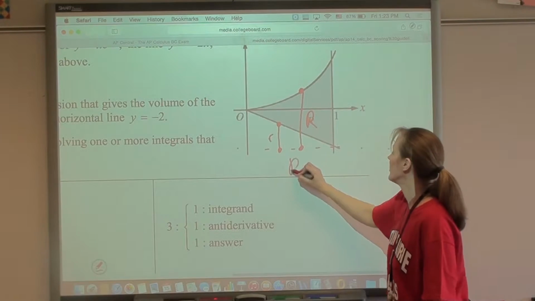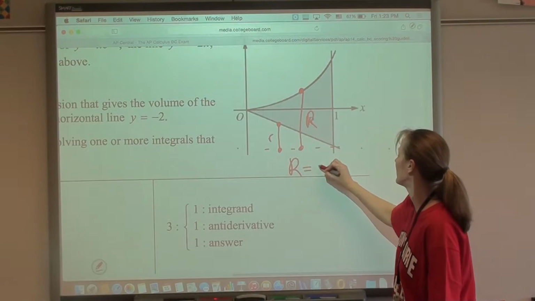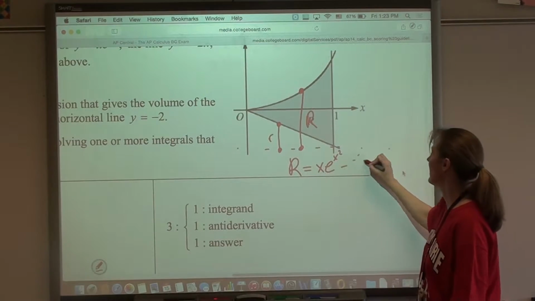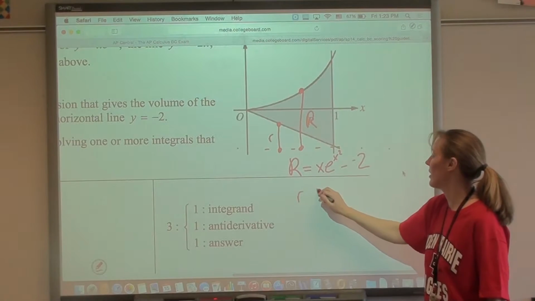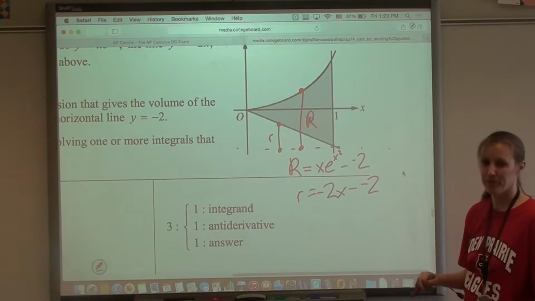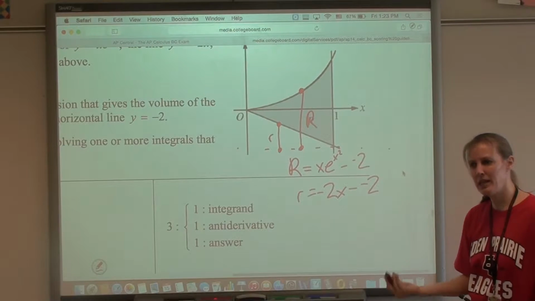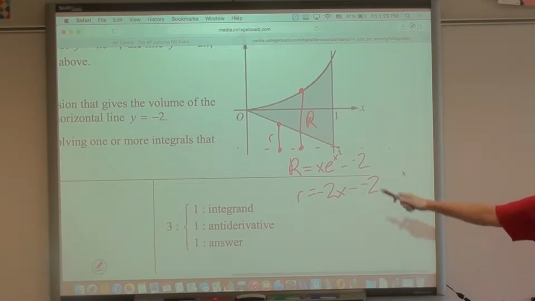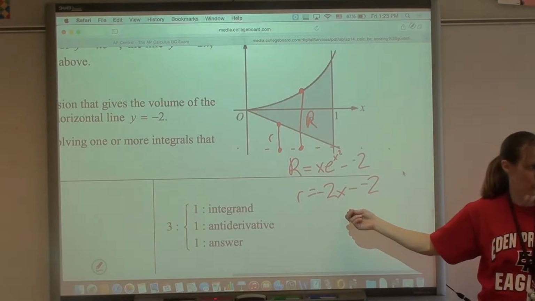So big R, top minus bottom, would be x e to the x squared minus -2, and then little r would be the bottom function, -2x minus -2. Does that make sense? So your volume is pi integral of big R squared minus little r squared.